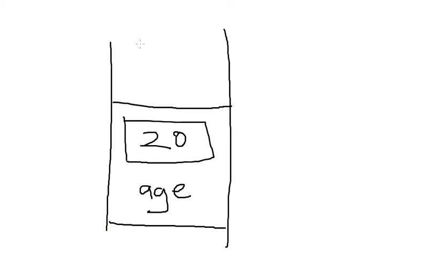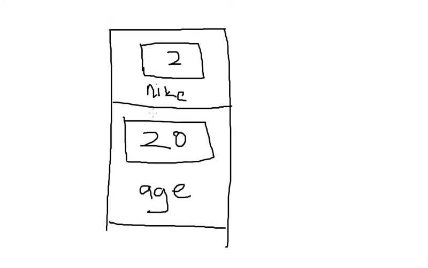And there's another box here, maybe this box is named Nike, for example, with maybe number 2, and each box has an address, like your house address. So maybe this box's address is 0x11, and maybe this one is 0x22. So basically what a pointer does is it stores this address.